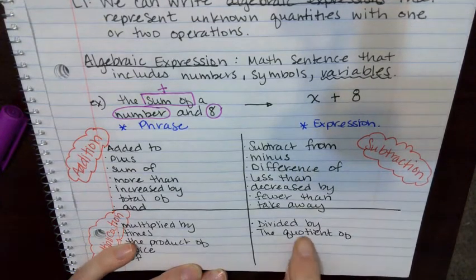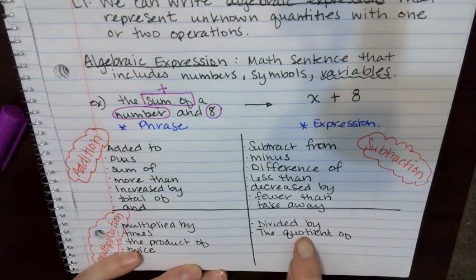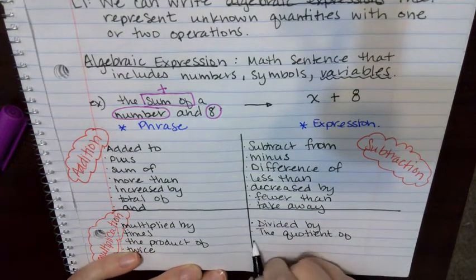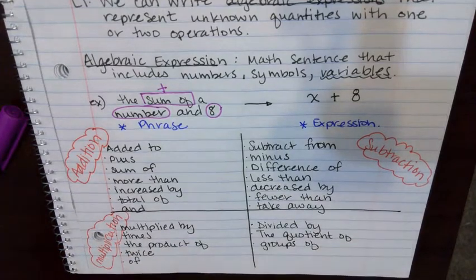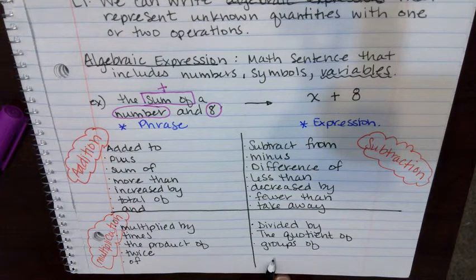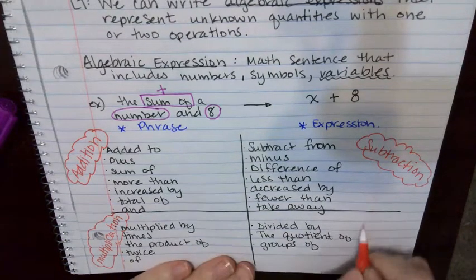Remember, quotient means answer to a division problem. You could even say groups of. If I have 10 people broken into x groups, it would be 10 divided by x. So this is division.